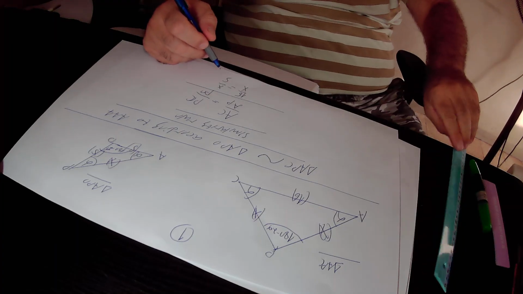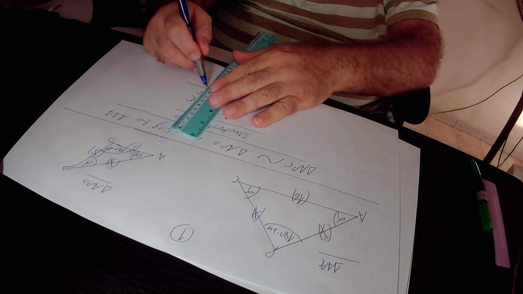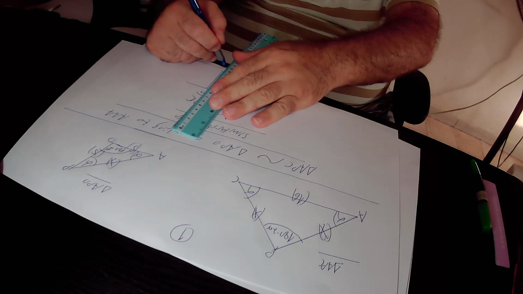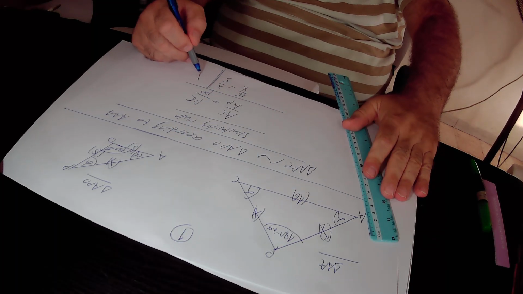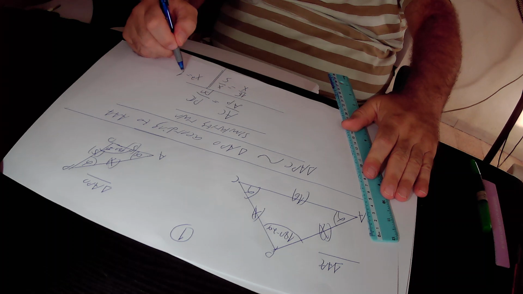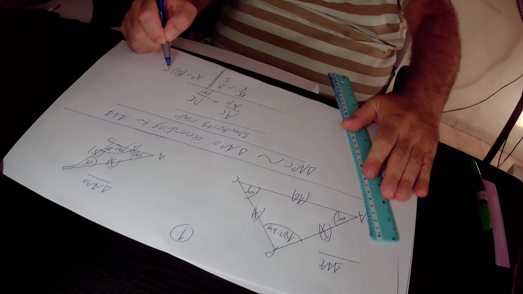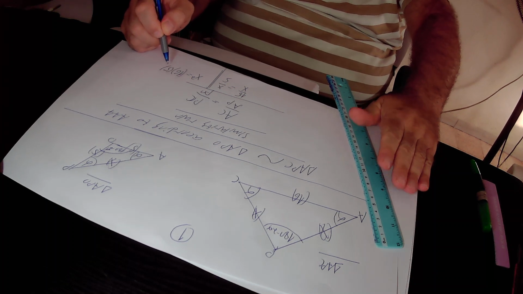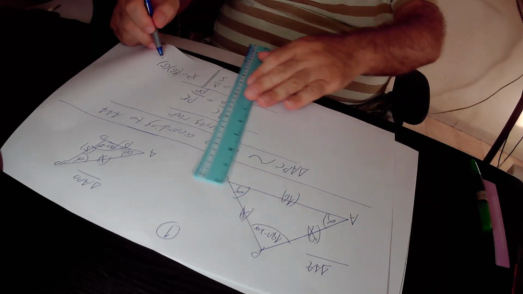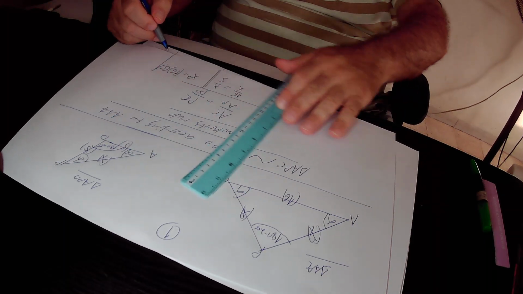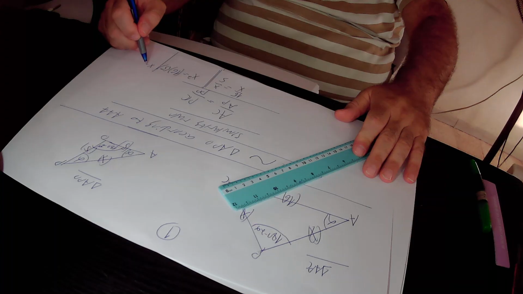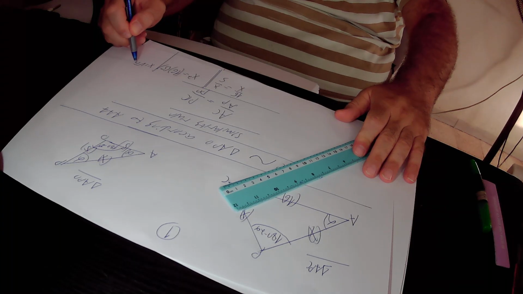Here we will first cross multiply this equation, and we get that x times x is x squared equals 16 times 5. So here we take a root of this equation, and finally we get that x equals the square root of 16 times 5.